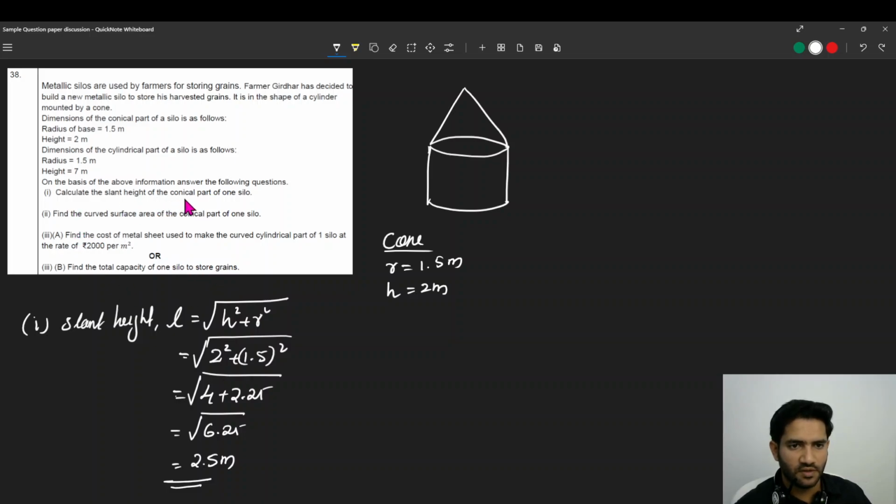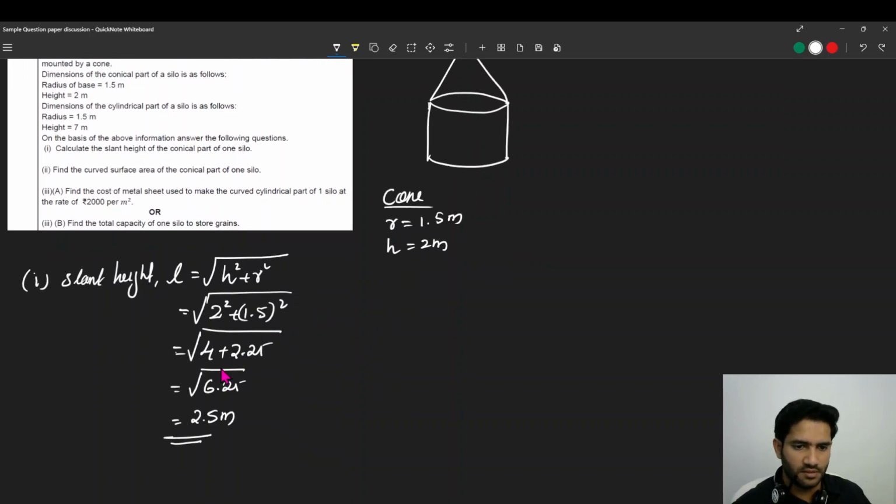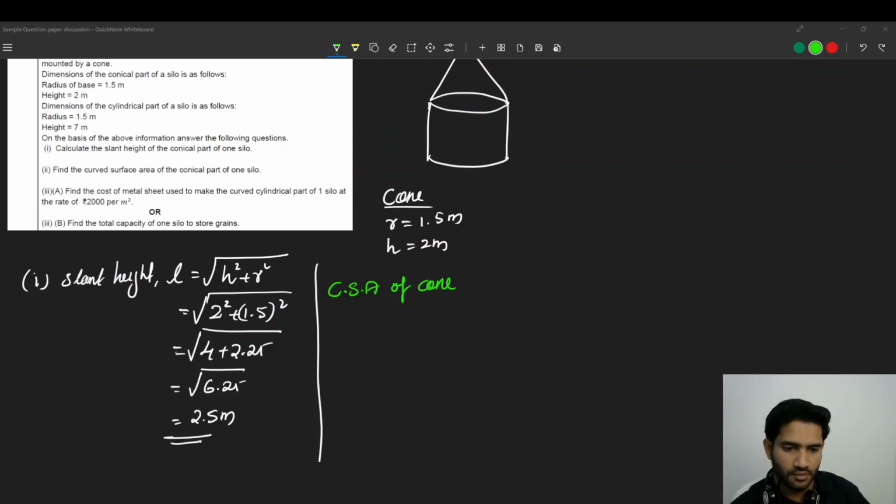Next question, find the curved surface area of the conical part of one silo. CSA of cone is equal to pi r L. Pi is given as 22 by 7.